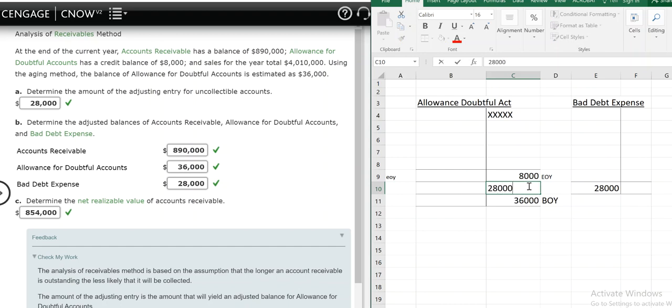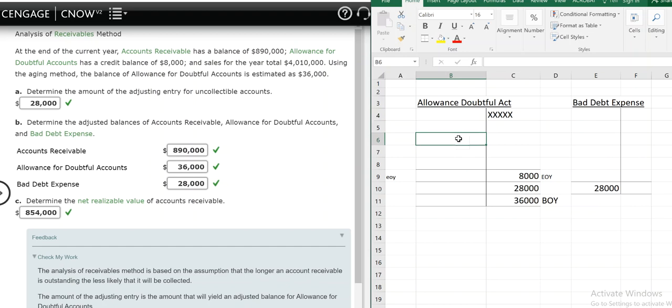To explain it one more time, in this example, a year ago we filled the bucket: we debited the expense on December 31st of last year and credited the allowance. The amount we used was more than enough to cover the write-offs. Remember that when you write off receivables with this method, you debit this account and credit accounts receivable.